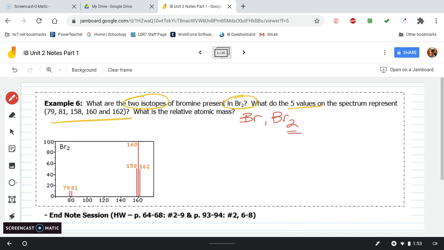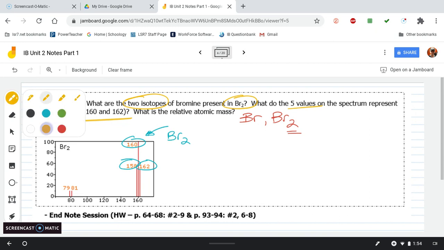So the diatomic bromines are represented by the 160, the 158, the 162. Those are the diatomic bromines. So those are the bromines that did not split apart. So we're interested in the individual bromines. And so the 79 and the 81, that's what we're interested in because those are the 2 isotopes of bromine.